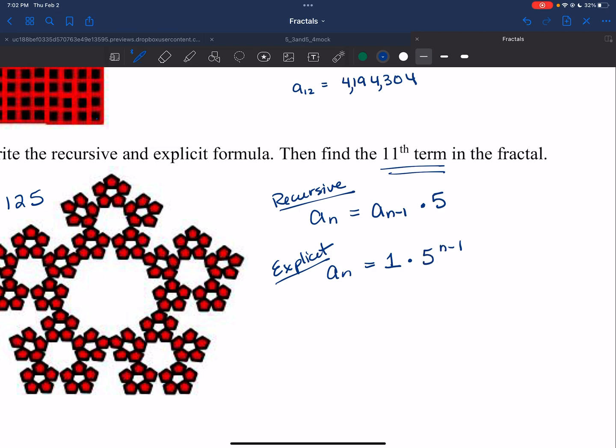And if I find a_11, it's going to be 1 times 5 to the 10. So let me take a look at that in my calculator real quick. 5 to the 10th is going to be 9,765,625. So about 9 million on that one.